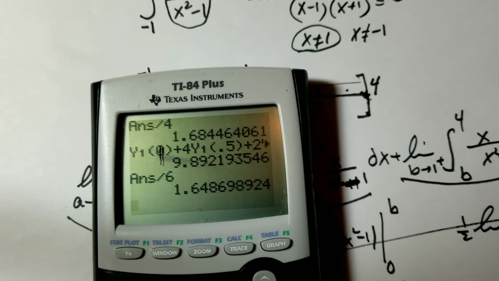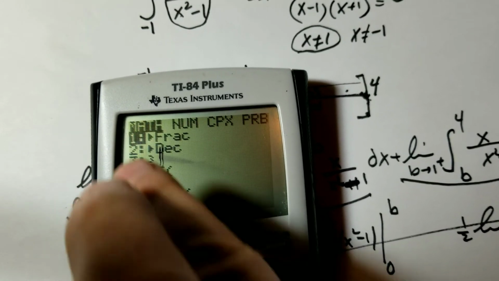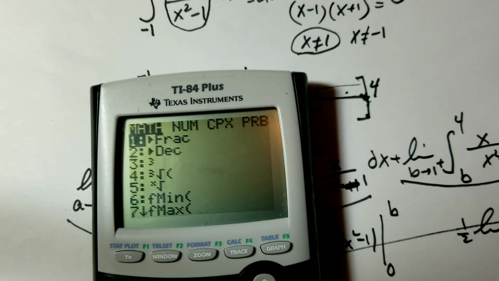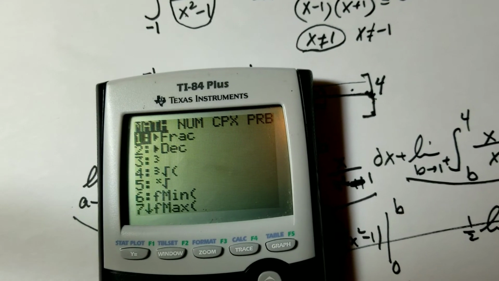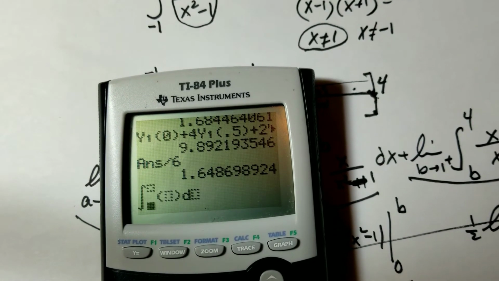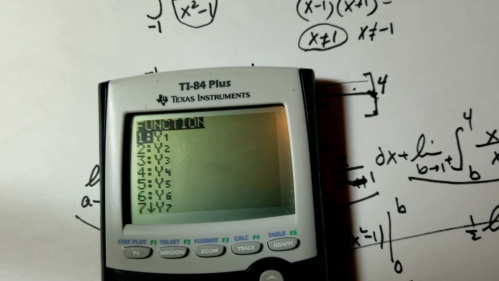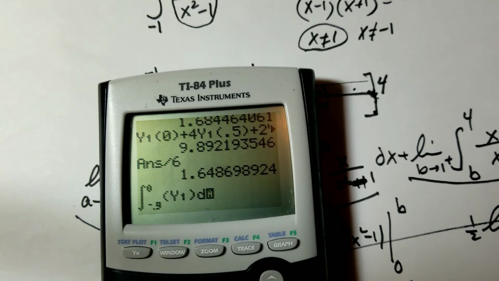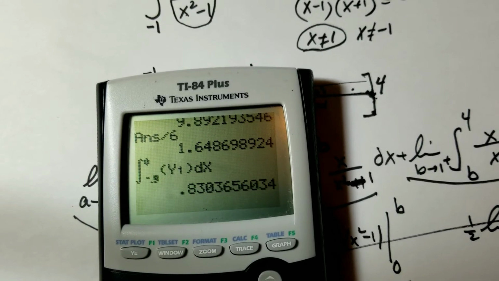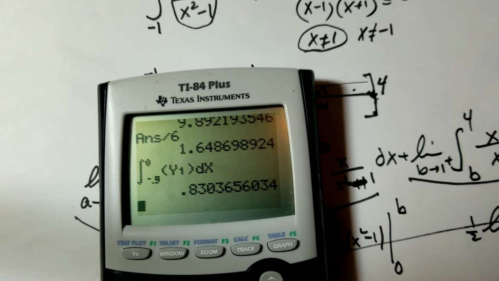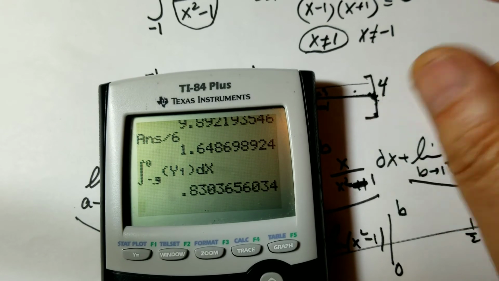I go to math and I go to number 9, and I integrate it from not -1, but -0.9, to 0 of y1 with respect to x. Let me see what is the area under the curve? 0.83. How do you say this one diverges?